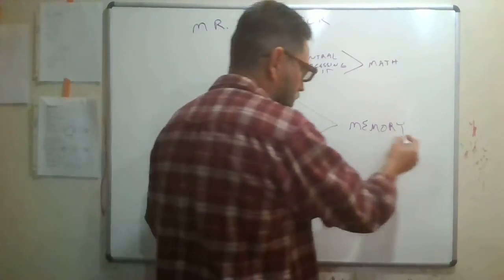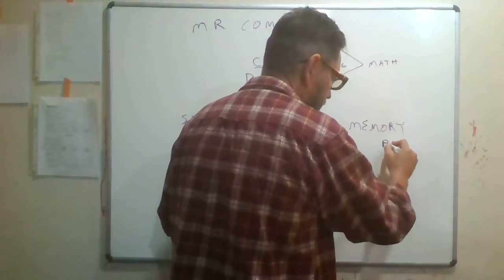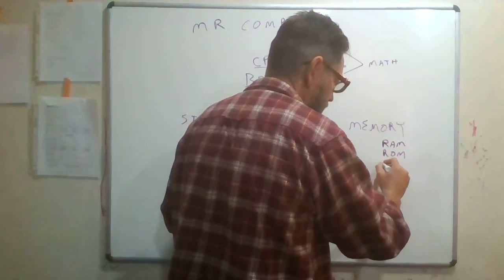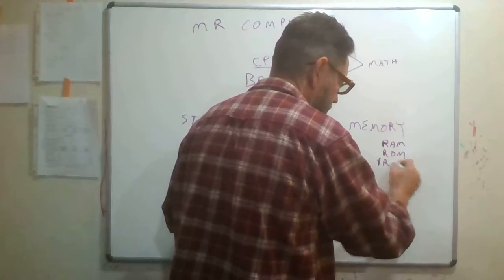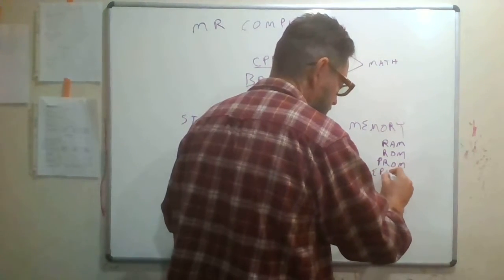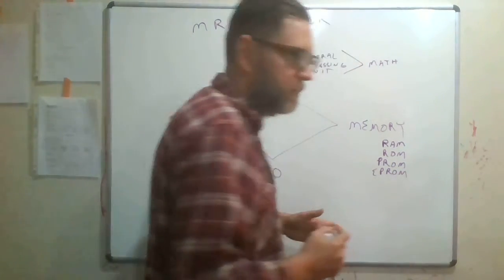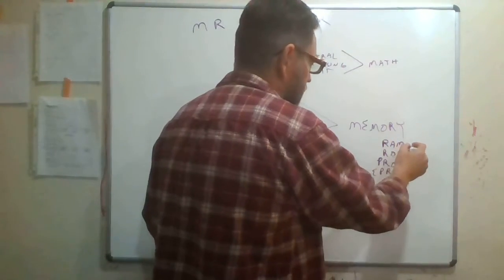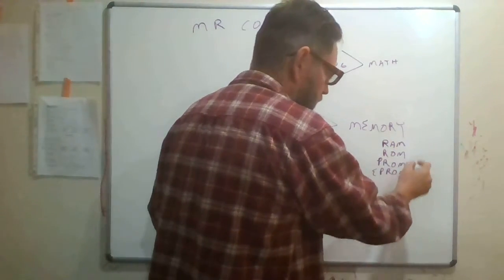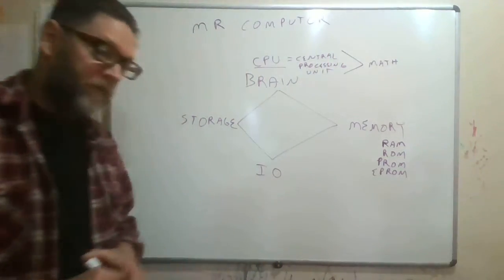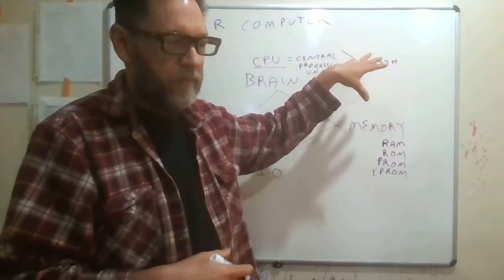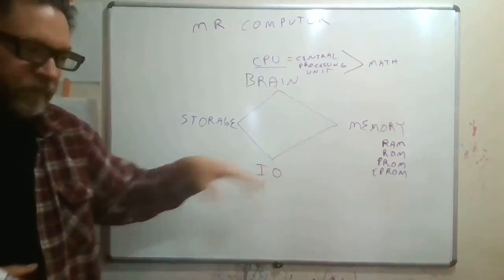There is also memory. There's multiple types of memory, commonly referred to as RAM, ROM, PROM, EEPROM, all different types of memory. The most common one you would see is RAM. This is all different ways of storing things. Basically, it's storing the math, how to do the math.